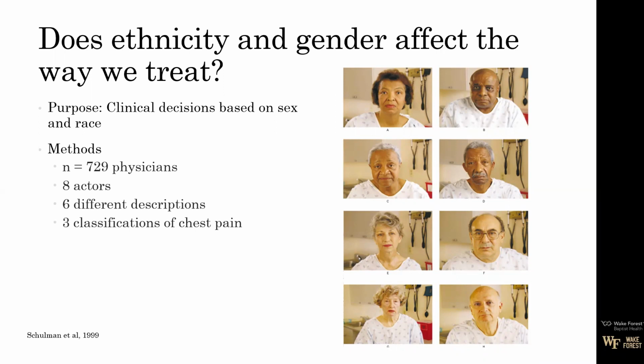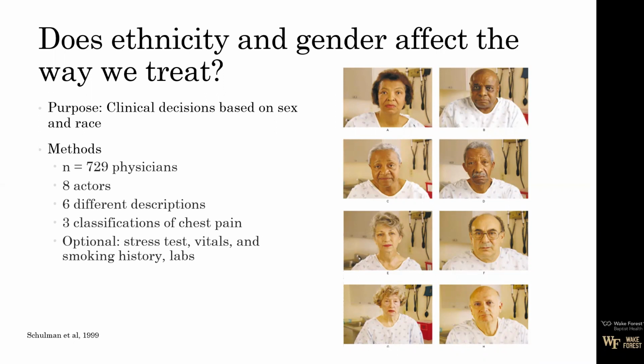These descriptions were based on race, sex, age, and level of coronary risk, and based on that, the physicians were supposed to classify them into 3 different classifications of chest pain, and then they could also order stress tests, vitals, smoking history, and labs. So 8 actors, 6 different descriptions, and 3 classifications of chest pain gives 144 different scenarios.